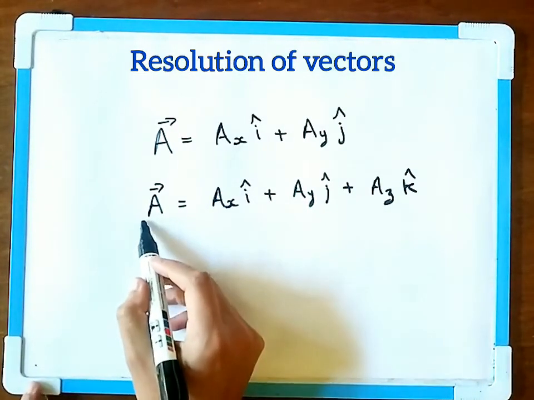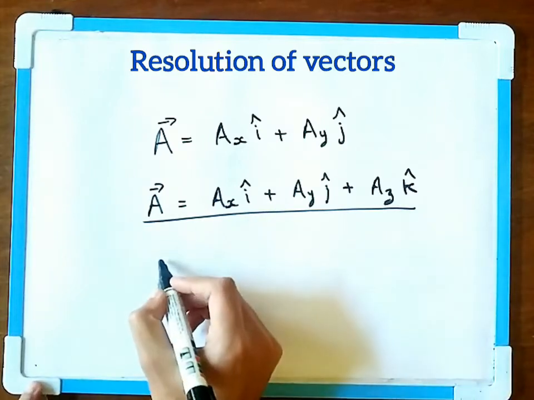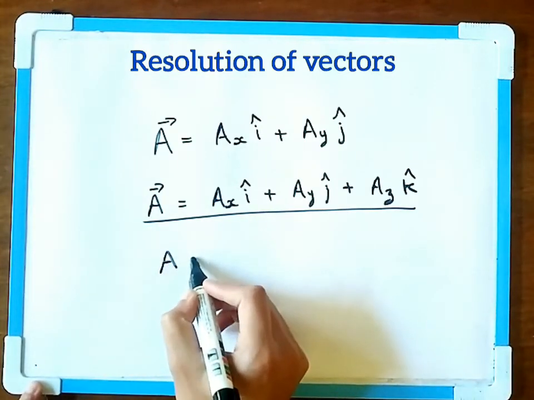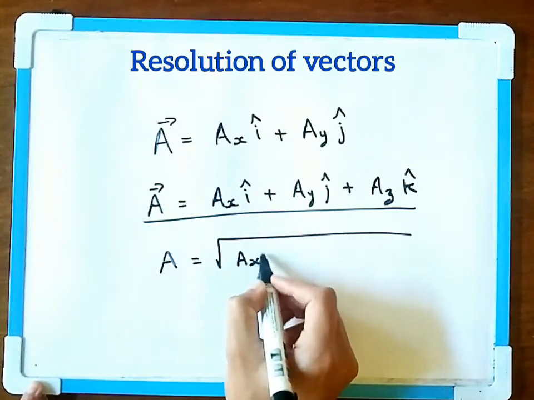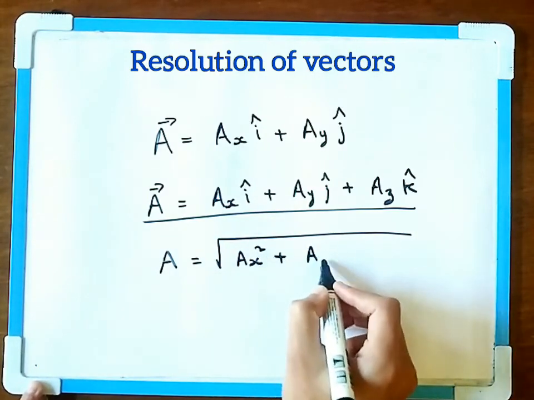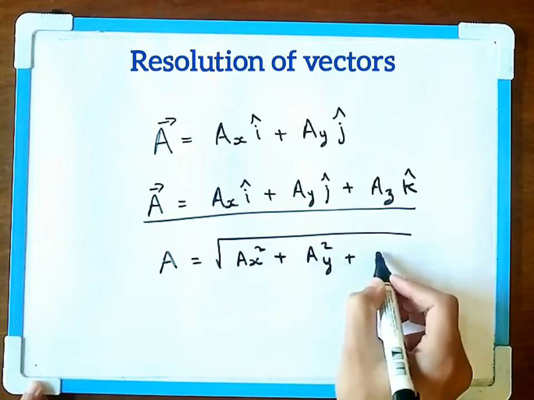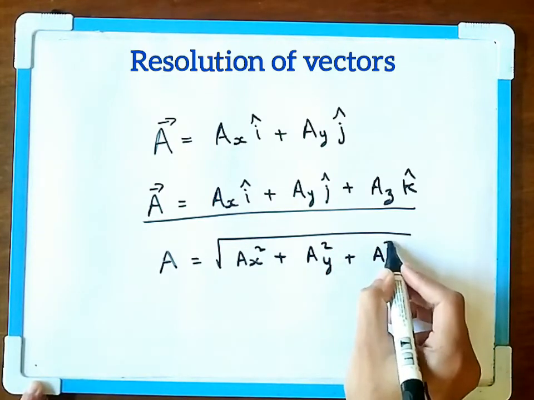So the magnitude of this one can be found out by taking the square root of Ax square plus Ay square plus Az square.